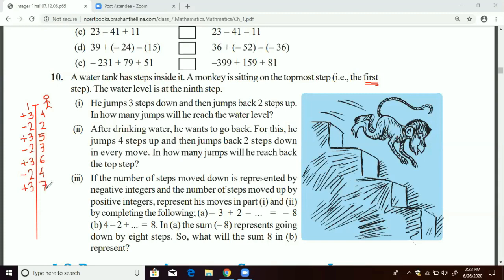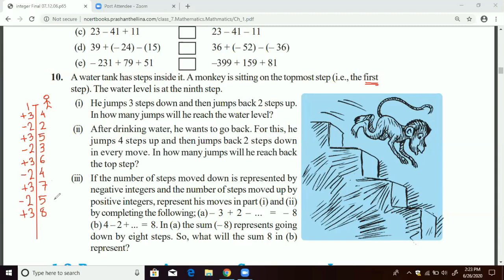Then as per the habit of the monkey, he is again going back 2 steps. That means he is arriving at 5. Then again he is jumping 3 steps forward. He is arriving at the 8th step.